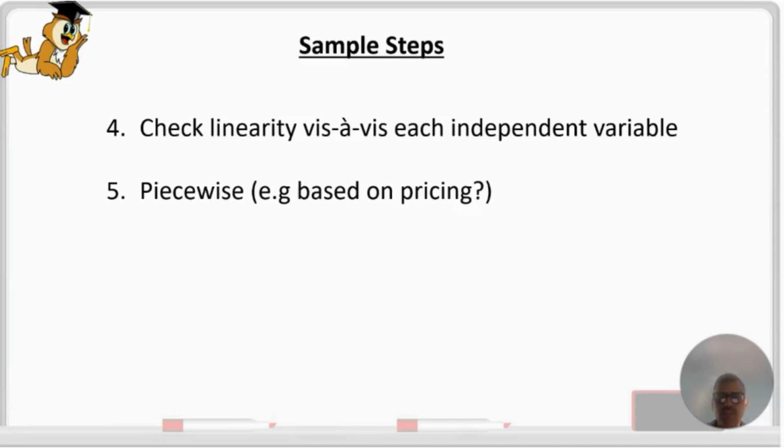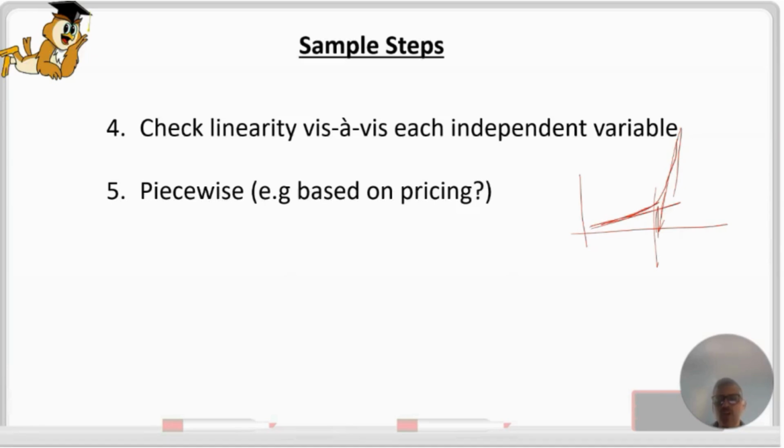For example, if in your scatter plot of price versus sales you noticed behavior like this, you may perhaps say that the behavior for low priced models is dramatically different than the behavior for highly priced models. So you may want to divide the problem and solve two separate problems, one for mobile models that are, let's say, less than 10,000 rupees, and another independent problem for models that are higher than 10,000 rupees.